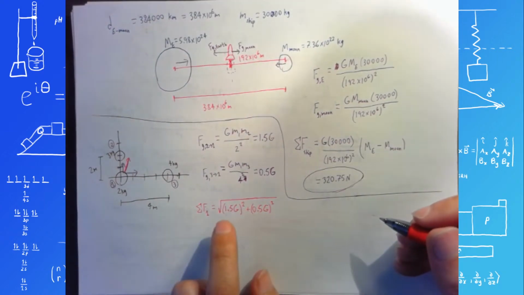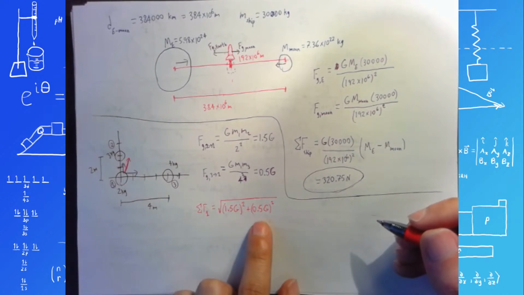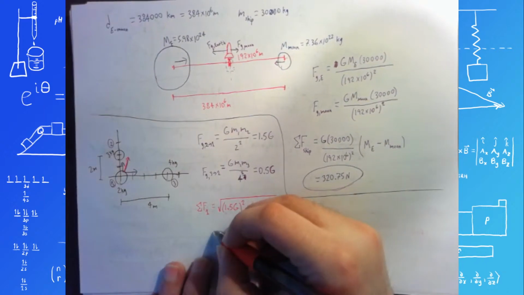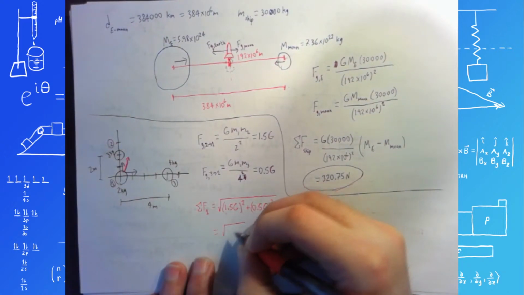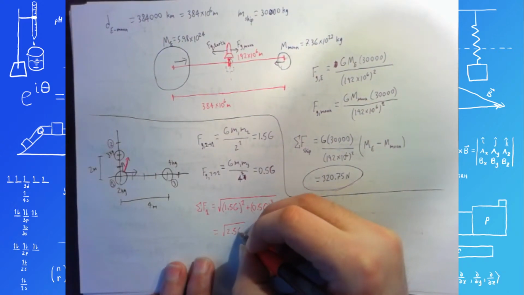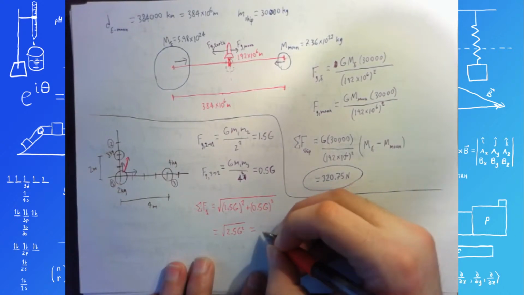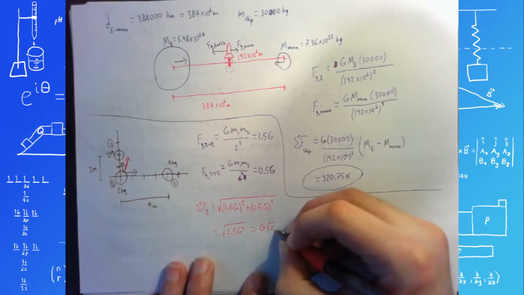Okay, so that's going to be 2.25 g squared and 0.25 g squared. 2.25 plus 0.25 is 2.5. So square root of 2.5 g squared, or if I take the square root of g squared, that's just a g, so it's big G times the square root of 2.5.